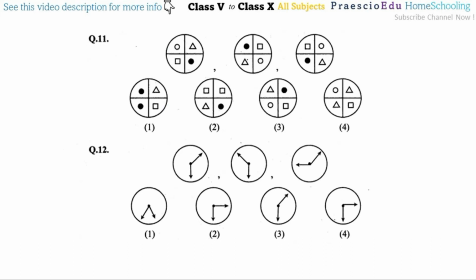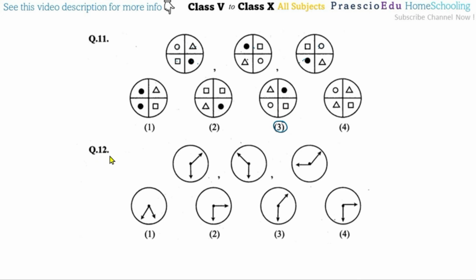Then question number 11. The first figure and the second figure have opposite replacements. Here also the triangle and the squares are replaced, then the second figure comes. Likewise, from the third figure, if you replace the opposite quarter shapes, we get option number 3, which is the correct one.